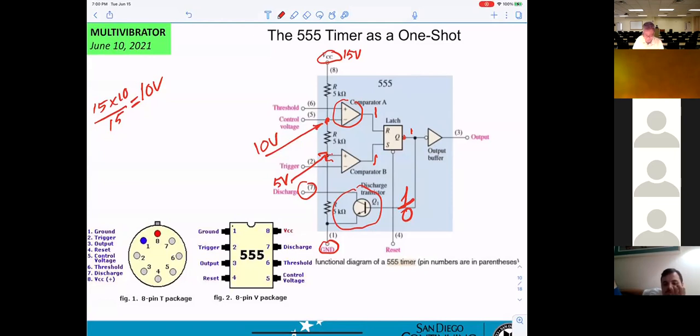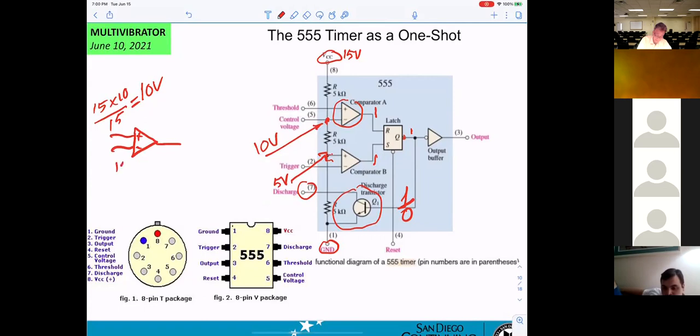Mr. Pham, can you explain the latch one more time? Explain over. The latch. Comparator A and comparator B. Output goes to the latch. Okay.